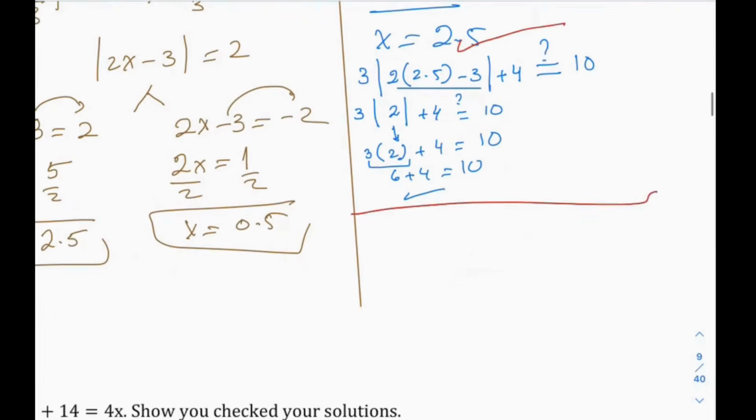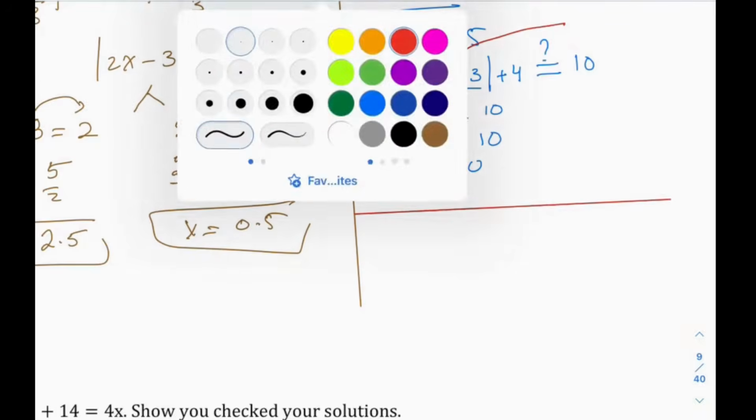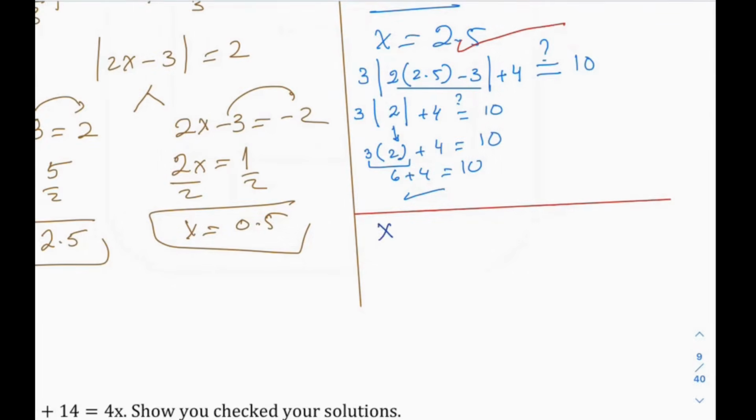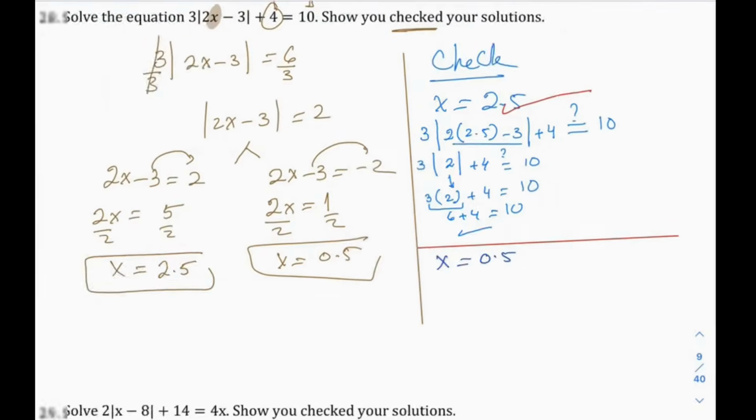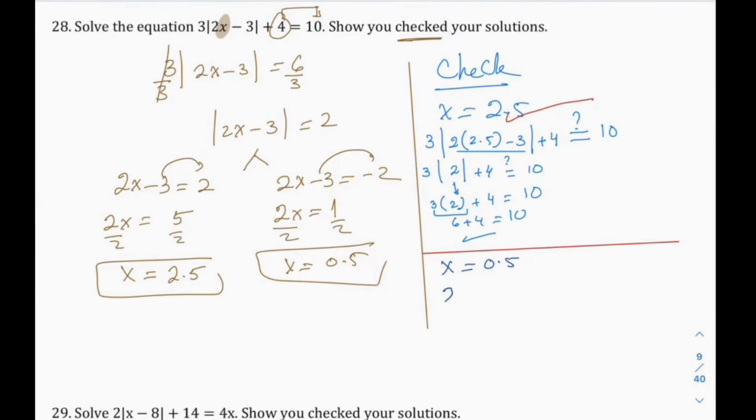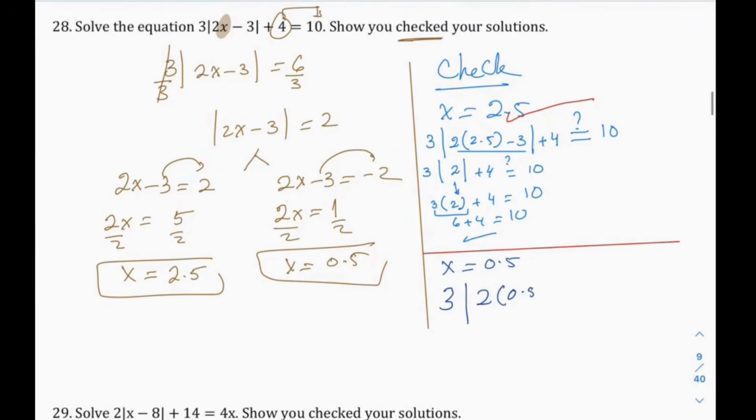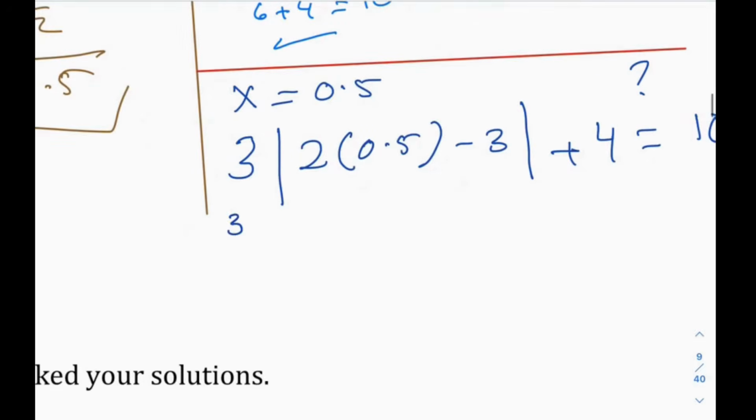We repeat the same procedure again with the other value, which is 0.5. Replace in the original equation. So 2 times the x, which is 0.5 now. And we are checking equal to 10 or not. Let's do it. 2 times 0.5 is 1. 1 minus 3, -2.